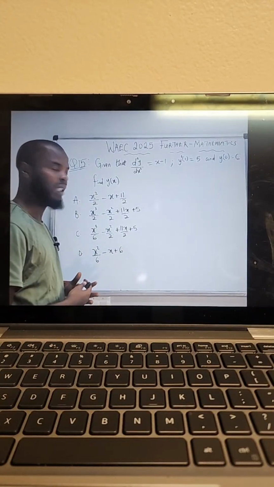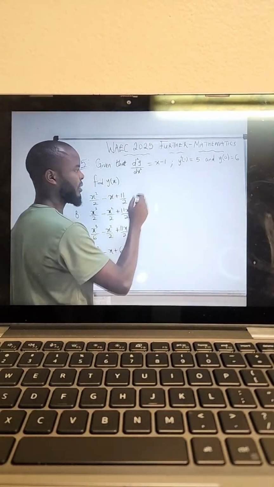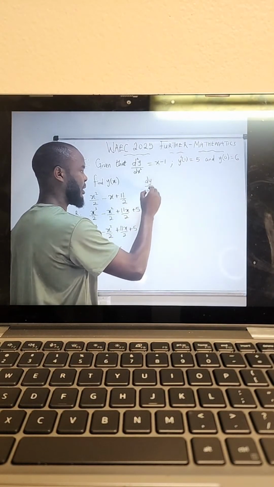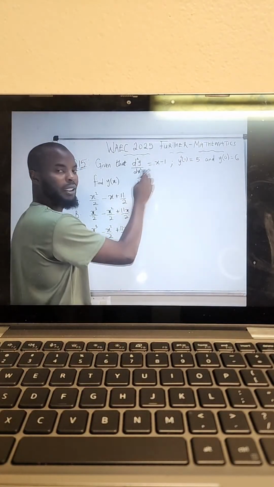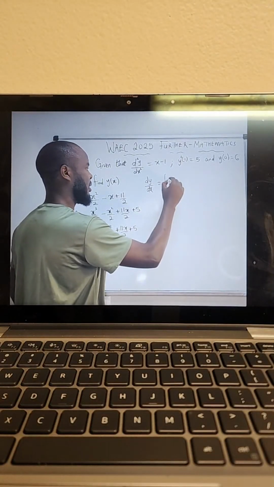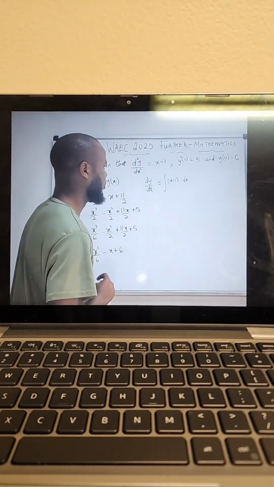Well, how do we solve this? Now, the second derivative has been given as this. What about the first derivative? To get the first derivative means you want to integrate both sides. So you find the integral of this with respect to x.